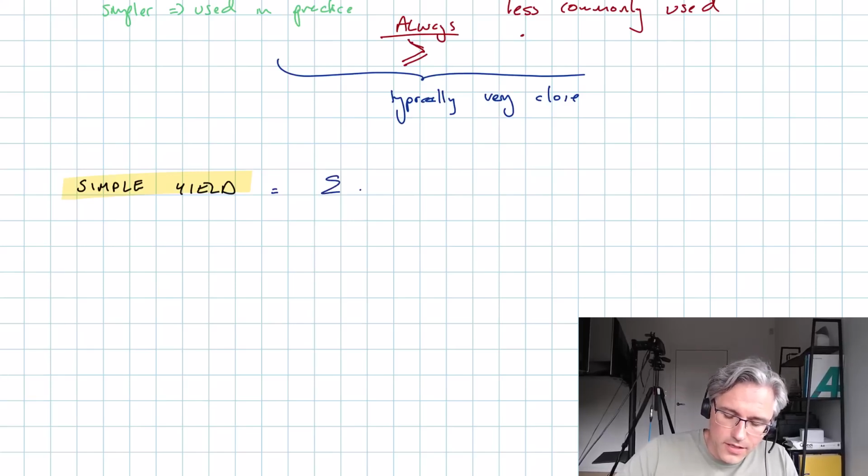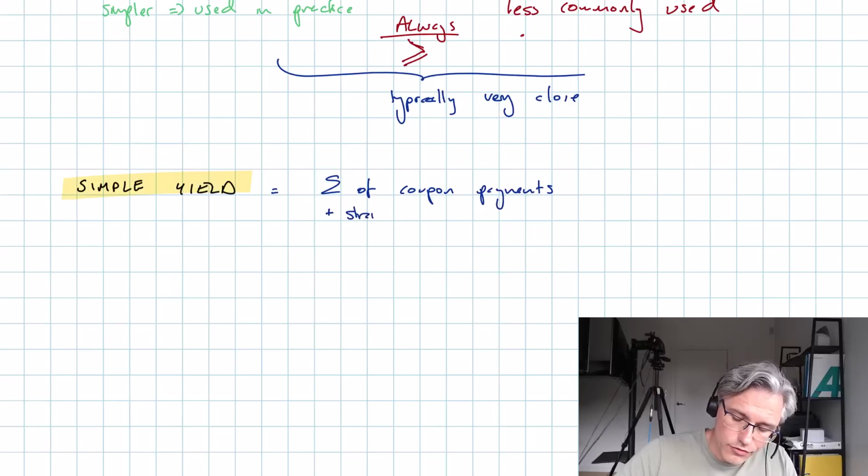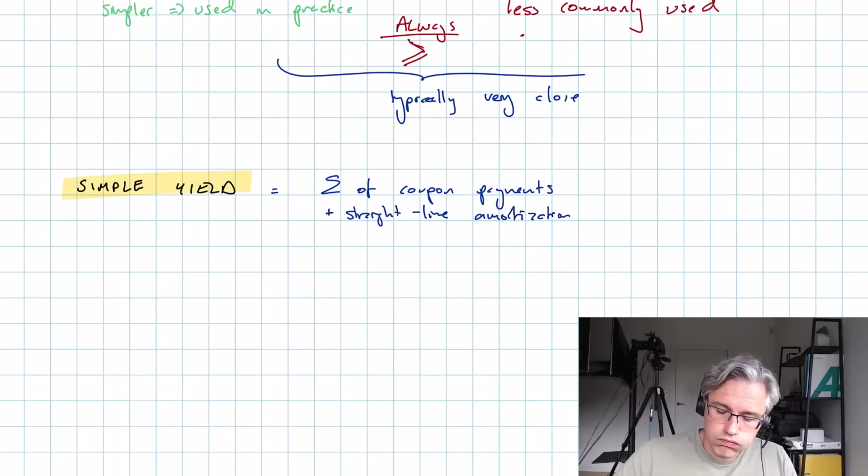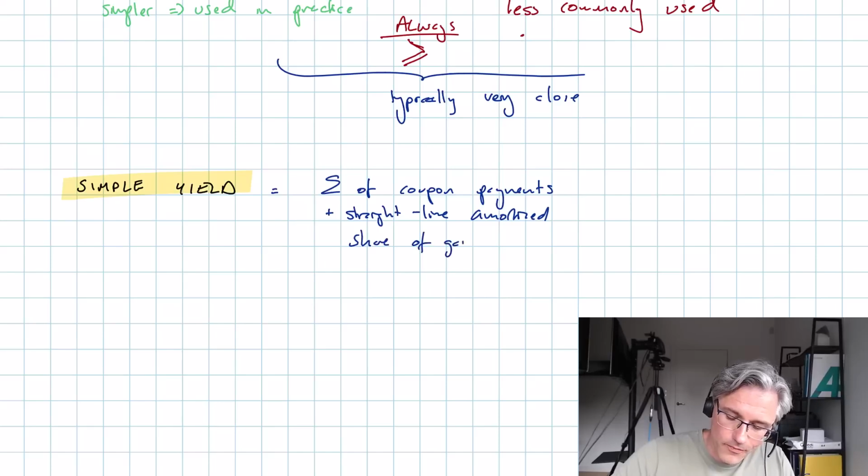So it's going to take into account the sum of coupon payments, so the sum of the interest, plus the straight line amortized share of gains or losses.